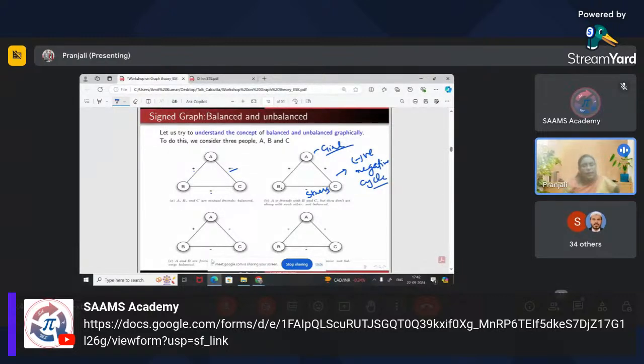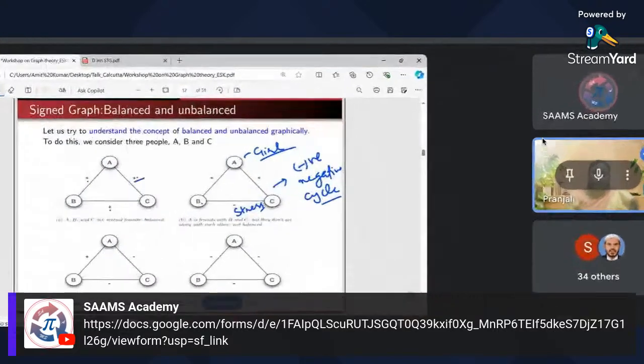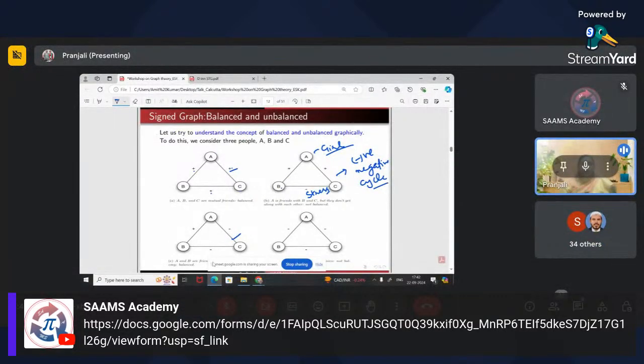If we look at this one, here C is a common enemy of A and B. A doesn't like C, B also does not like C. So A and B can go together, but they don't like C. So there will not be any stress because C will be out, or C will be isolated from that. In this case, plus, negative, negative, multiply all these, that will be plus.